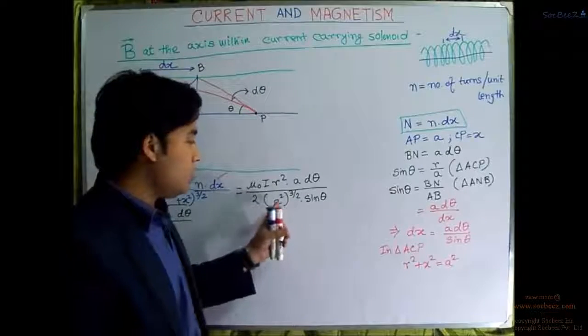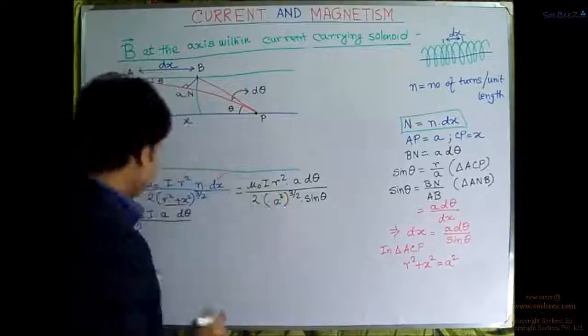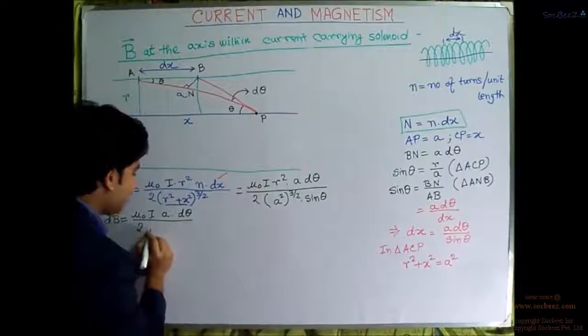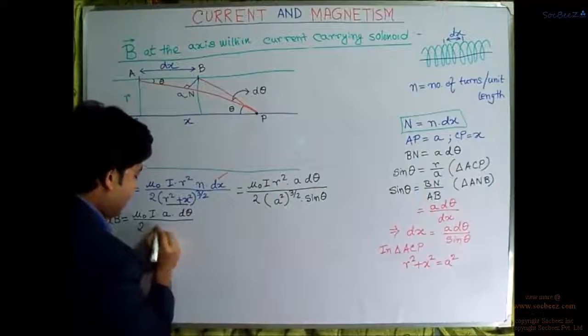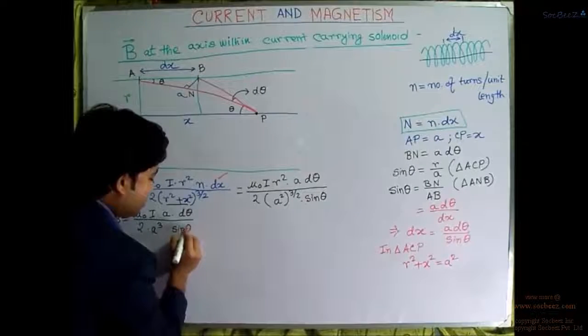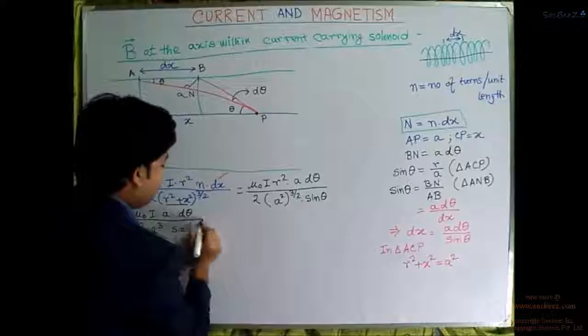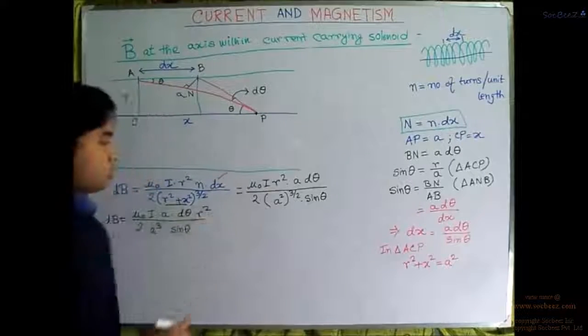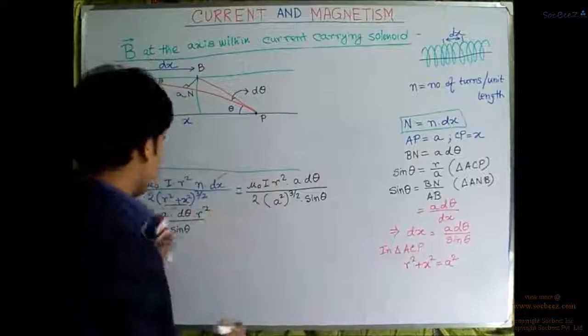It will simply turn out to be a cube, from the laws of indices, multiplied by a cube sine theta, and this will be multiplied by r square. This one is r square, right?